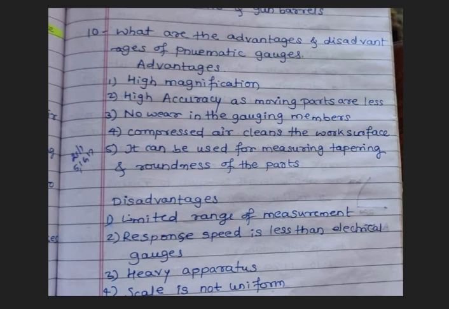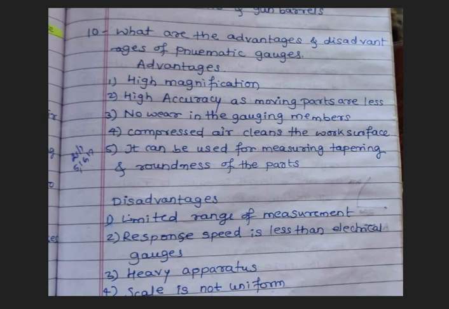Two, high accuracy as moving parts are very less. Therefore, there is no question of wear and tear, and no friction. Thus, the accuracy will be at a very high level. Three, no wear in the gauging members, as the air is acting as the measuring medium itself.